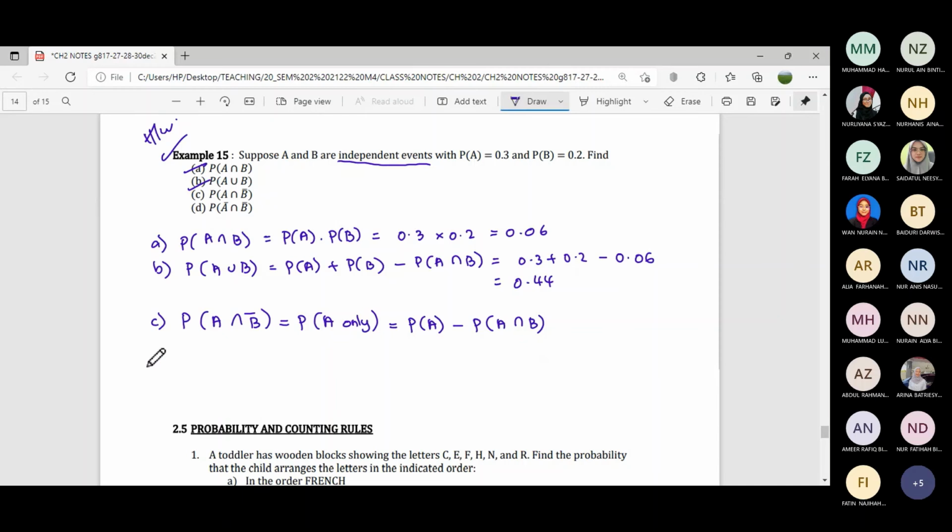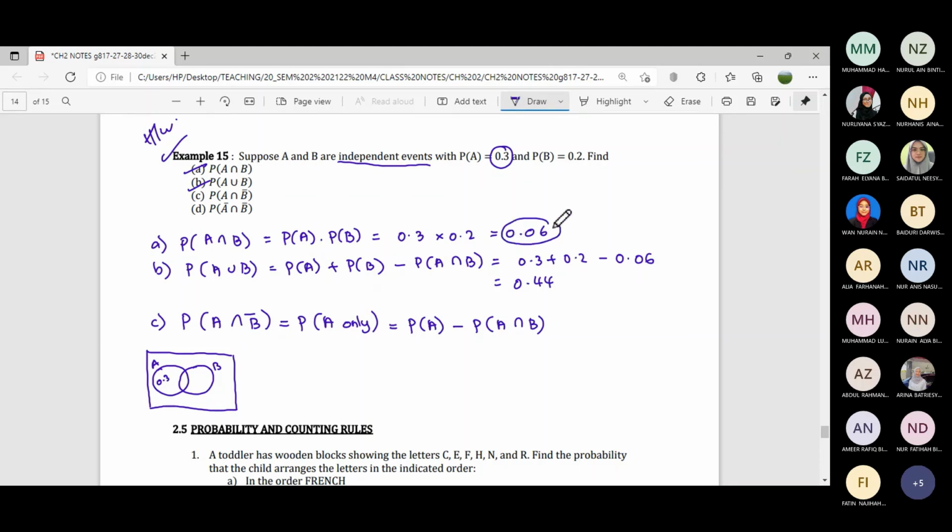Kalau Madam tunjuk dari segi Venn diagram, kita tahu A adalah berapa ni? 0.3 kan? Ni A 0.3. Lepas tu B, dia bersilang macam mana kita tahu bersilang? Sebab untuk soalan A ni dia ada bagi A and B, dalam dia adalah 0.06. So kat tengah ni dia adalah 0.06. B ni pula adalah 0.2.